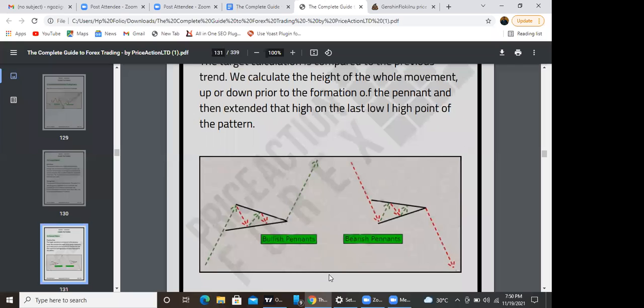The actual difference between a symmetrical triangle and the pennant pattern is that a pennant pattern meets at a junction. On a symmetrical triangle, it's not compulsory to meet here.